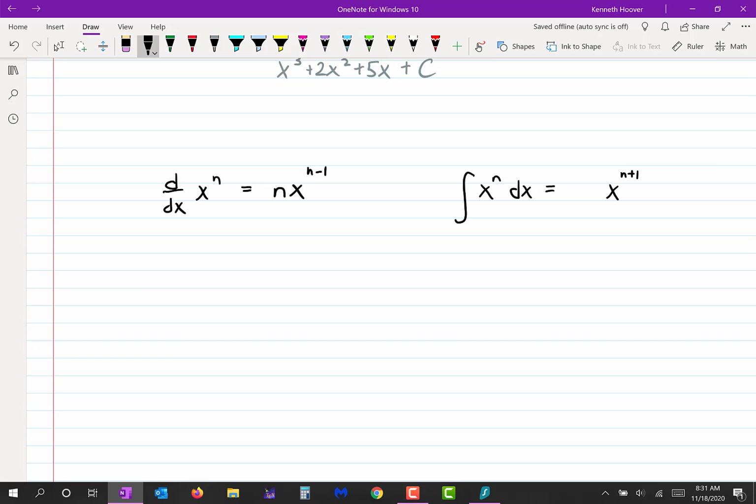You agree with that? When you do the derivative, you subtract 1 from the exponent. That means when you do the integral, you should add 1 to the exponent, because the integration is just backwards differentiation. Okay? Next question. What's the number that goes in front? So let's think about that.